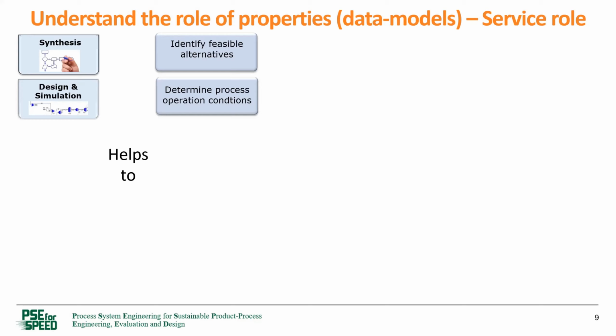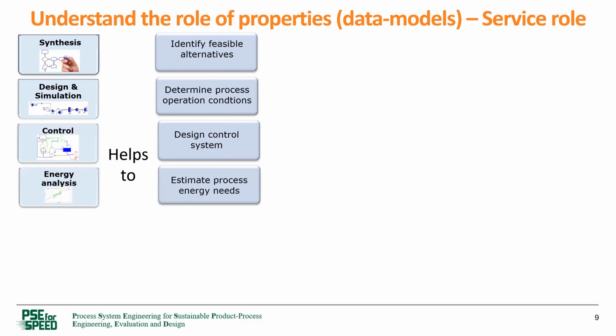And the same properties, if we want to look at their effect with respect to changes in temperature, pressure, composition, then we would be able to design a better control system because we are controlling the temperature, pressure, composition. So the sensitivity of the properties to the changes in temperature, pressure, composition help us with control and design.